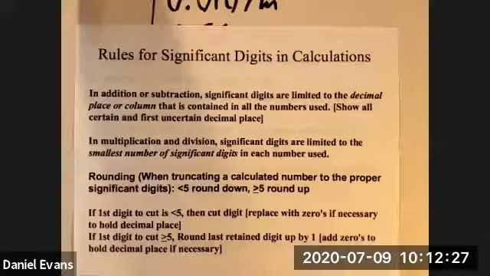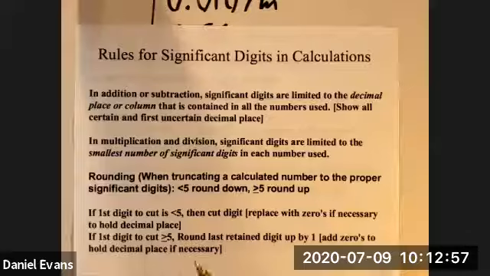So we're only allowed to keep the decimal place or column on the right of the number that is significant in all the numbers that we're adding and subtracting. So when we do addition and subtraction, we can actually increase or decrease the total number of significant digits, because we don't care about the number of digits, but where they are, what column they're in.